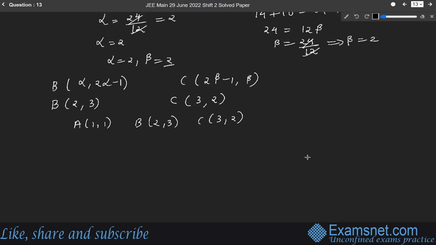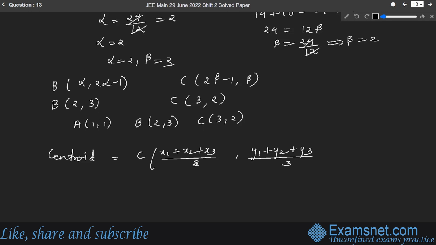All right. In order to find the centroid of the triangle, we have to use a formula. Centroid of a triangle is always equal to x1 plus x2 plus x3 upon 3, y1 plus y2 plus y3 upon 3.